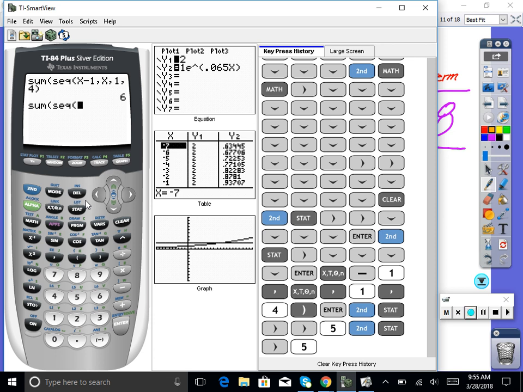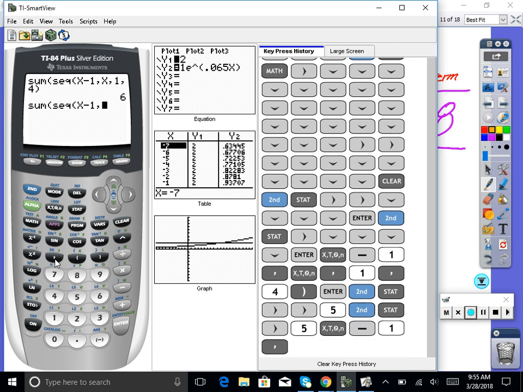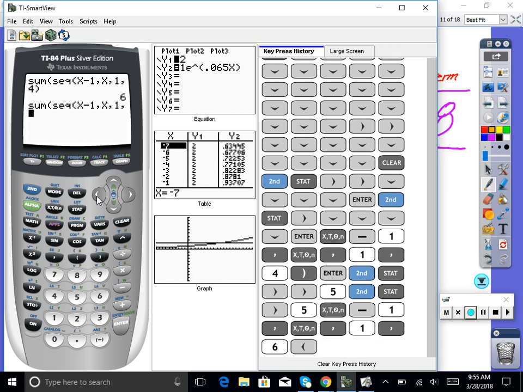No one's? Okay, cool. So now what you're going to do is type in the equation. So type in x minus 1. And then you're going to hit a comma. Then you're telling it we're using variable x. Then hit comma. Put your lower limit. We're starting at 1. Comma. Put your upper limit. We're stopping at 6 or 4. This is number 14.